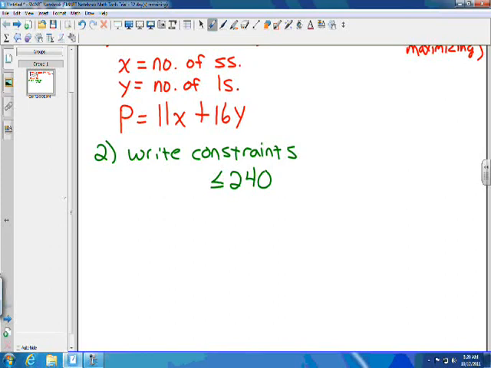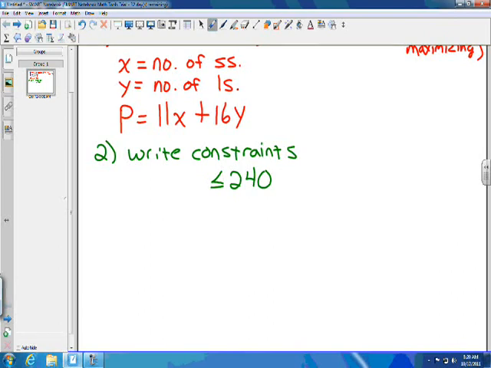So how many labor hours for a short sleeve? Or minutes, I guess. Can you just put 0.5? Yeah, because this is in hours, remember? In the 30 minutes. We'll probably do it all in minutes.